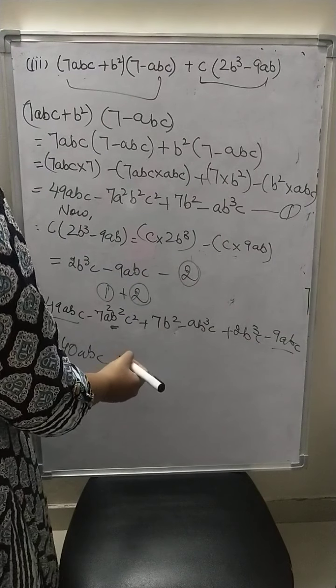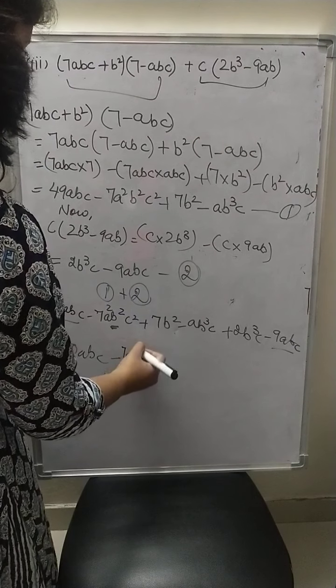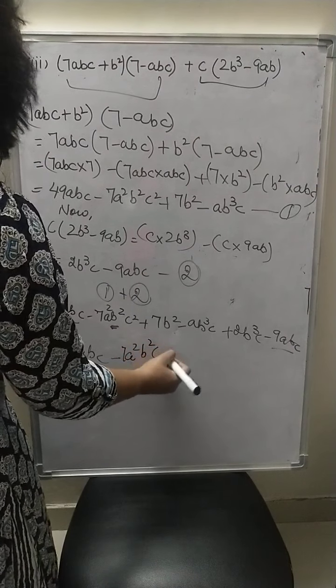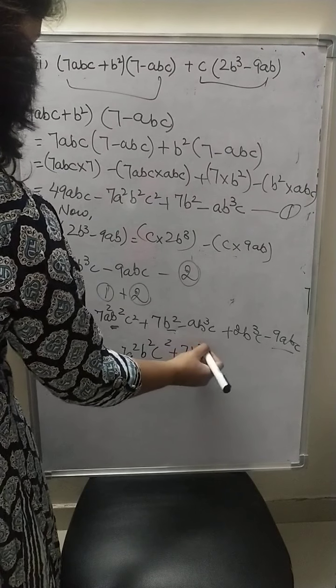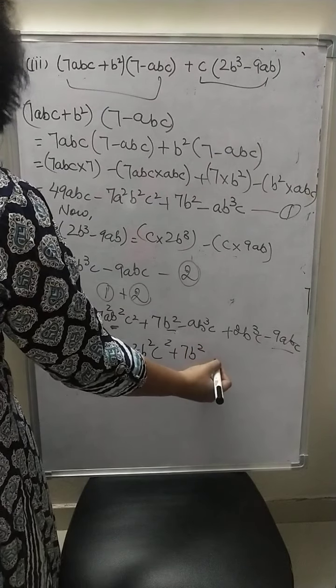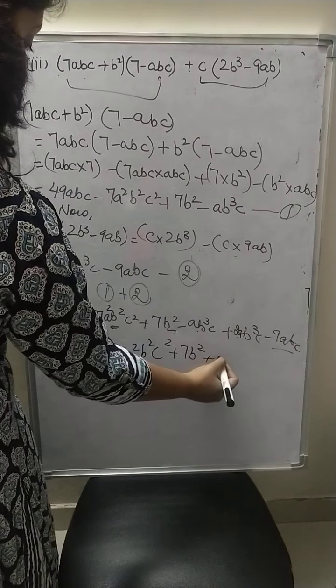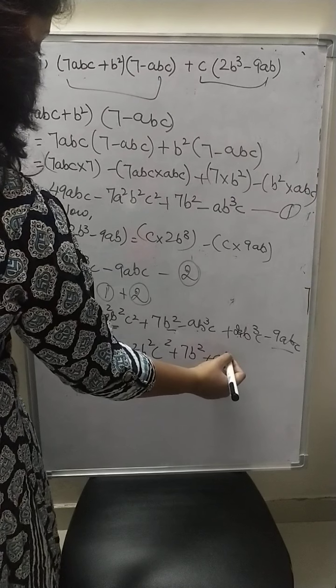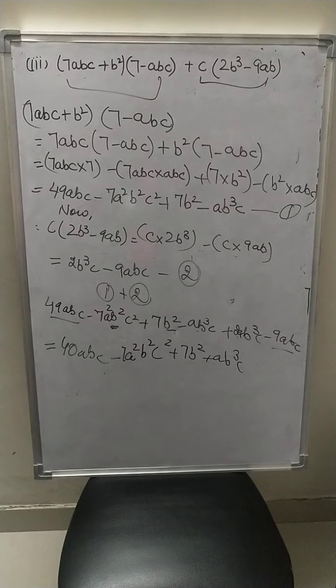So you add them and what are we going to get? The second term has no partner, so I'm writing 7a square b square c square. This also has no partner, I'm writing plus 7b square. And combining these two, one is plus and one is minus, so I get plus ab cube c. Clear? Now one more part I'll be doing for this question.